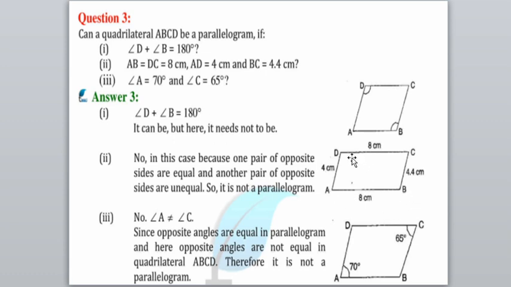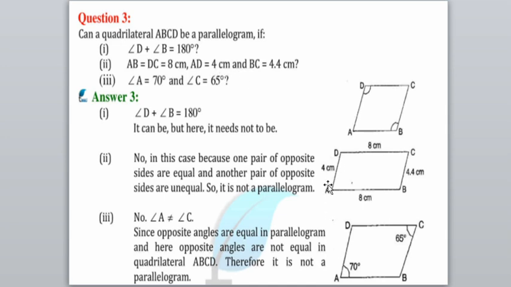AB equals to DC equals to 8 centimeters. So yes, it is true, because AB and DC are opposite sides of a parallelogram, so they are equal, as given here, 8 centimeter. Then next it is given AD equals to 4 centimeter.